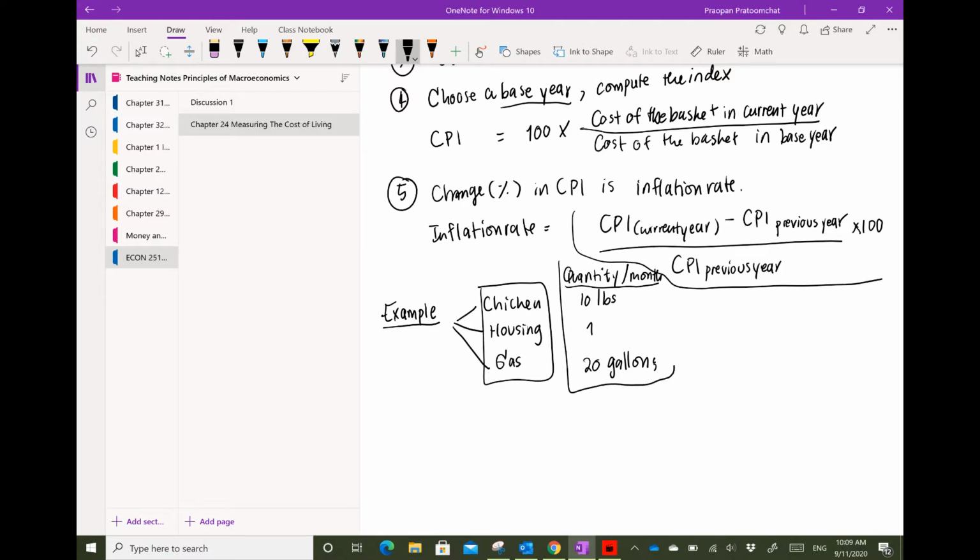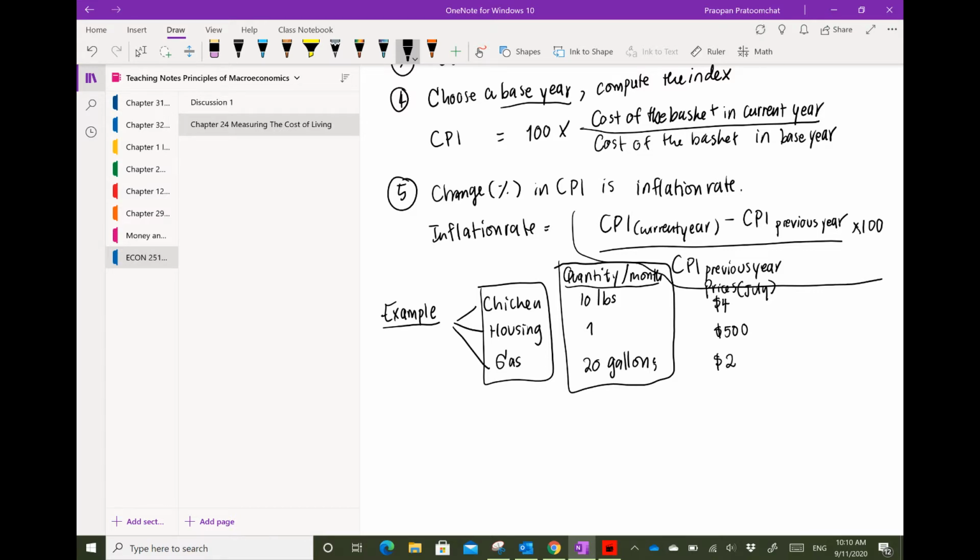You're gonna fix this quantity, and then you're gonna find a price. Let's say this is September, right? So you probably get the price from August already or July already. In July, chicken is $4 per pound. Housing is, let's say, $500 per unit.